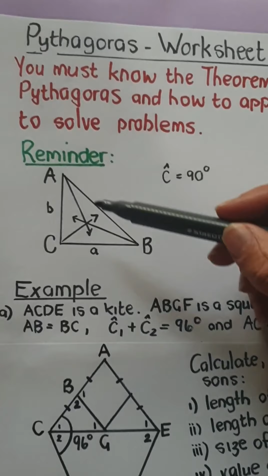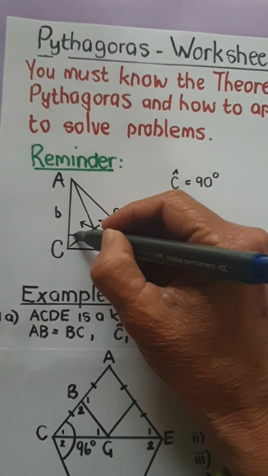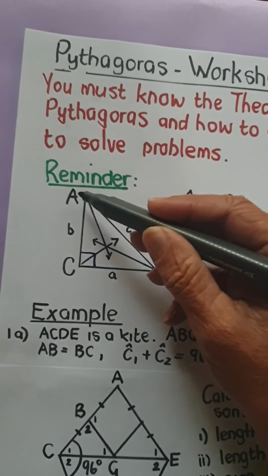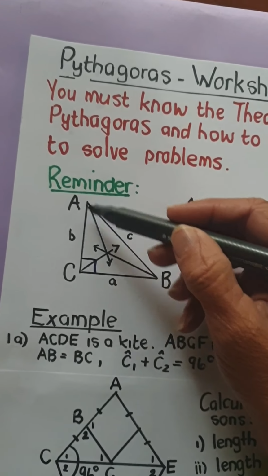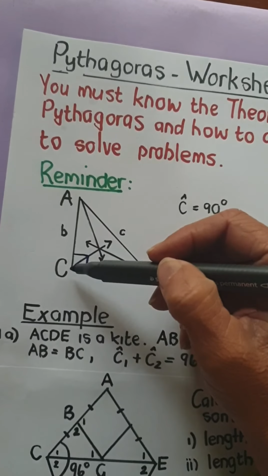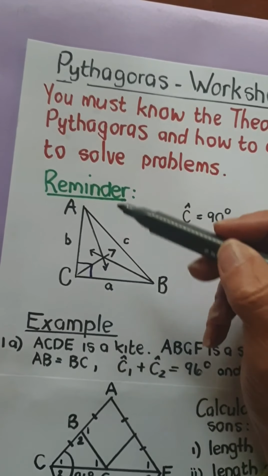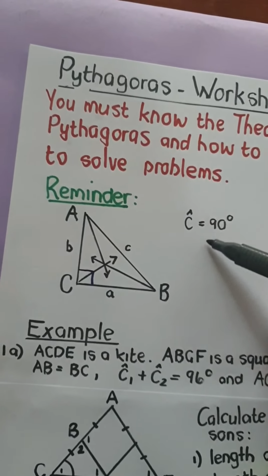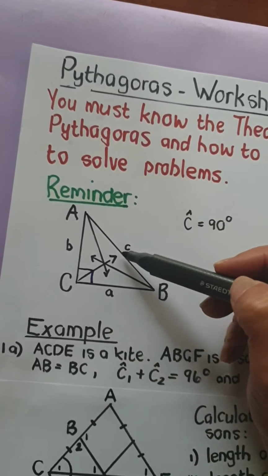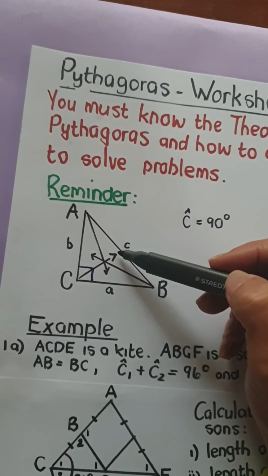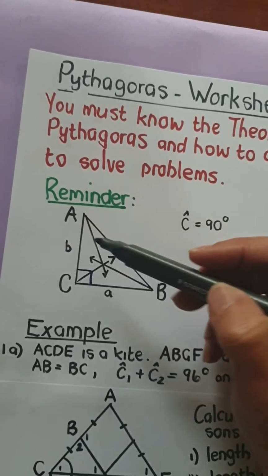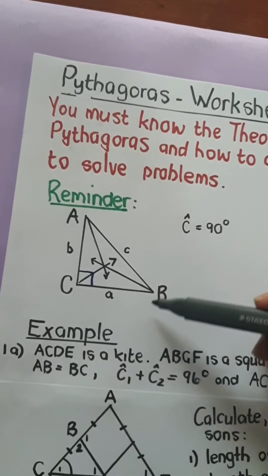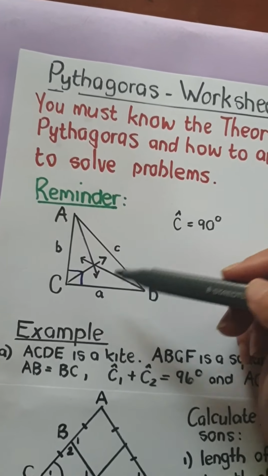It applies to right angle triangles. There's your right angle. In a right angle triangle, if it's triangle ABC, the theorem of Pythagoras says that the square on the hypotenuse, remember the hypotenuse is always opposite the right angle, is equal to the sum of the squares on the other two sides.